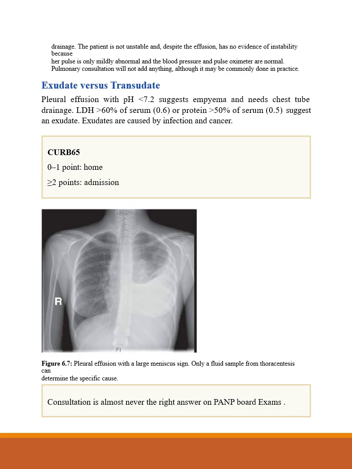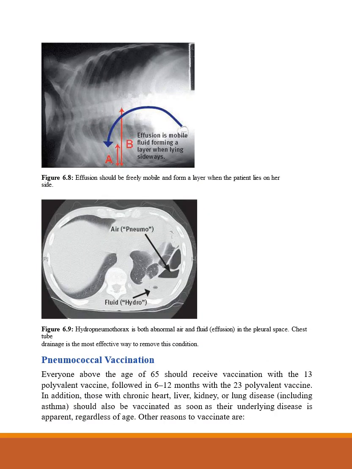Consultation is never the right answer for the PANP board examination. Let's go to the next slide, 15. On figure 6/8, we see effusion which is freely mobile and forms a layer when the patient lies on her side.